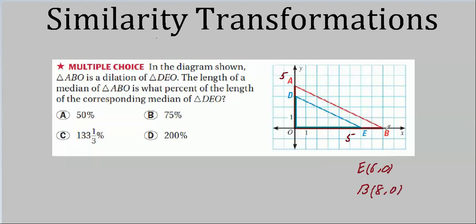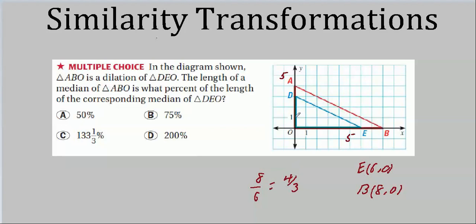So it looks like our dilation factor is 8/6 for this one. That's what it is for x. 8 over 6 times this will give us 8, so that's good. And of course that is 4 over 3. What about this one? Well, this is 4 and this is 3, so that is 4 over 3. So we have the same dilation factor each way.